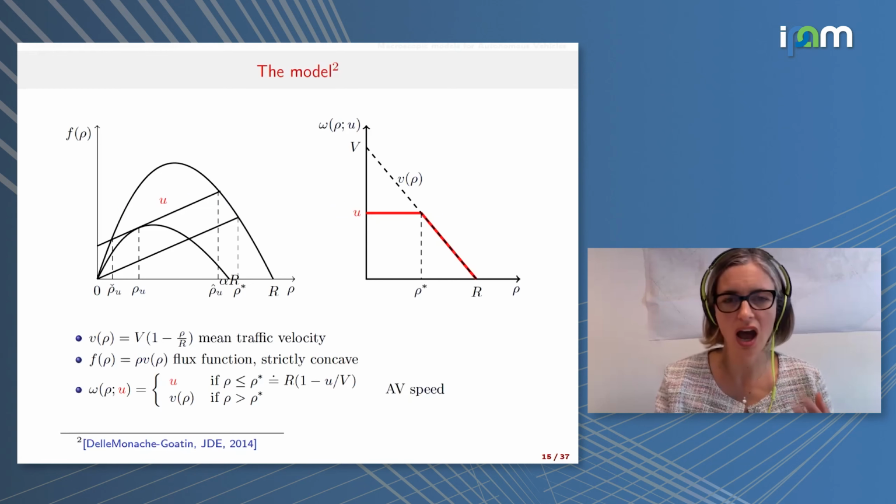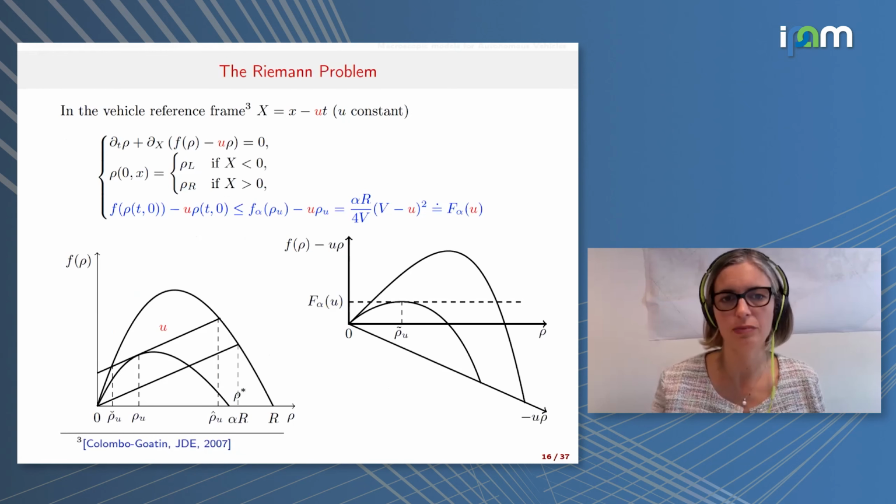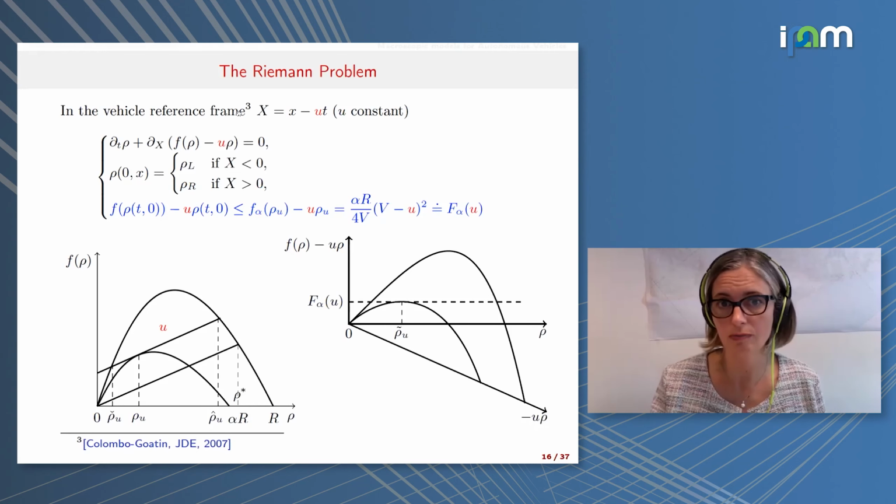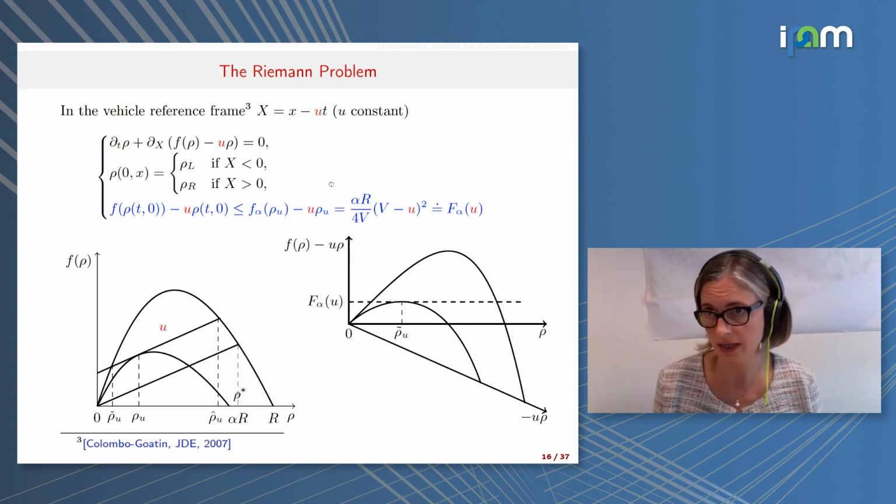So how do we solve the problem here? The easiest thing to do is to put oneself in the autonomous vehicle reference frame, so make a change of variable in X so that the constraint is not moving anymore, but fixed.